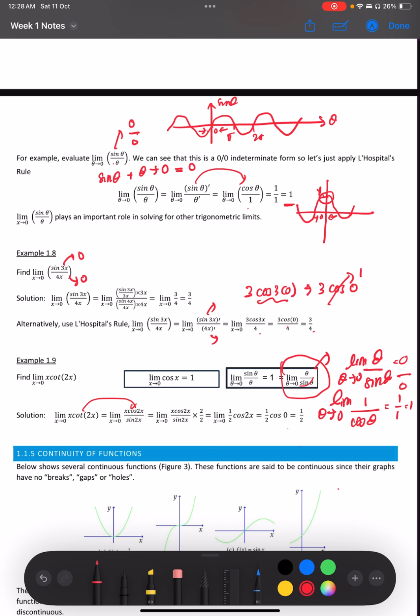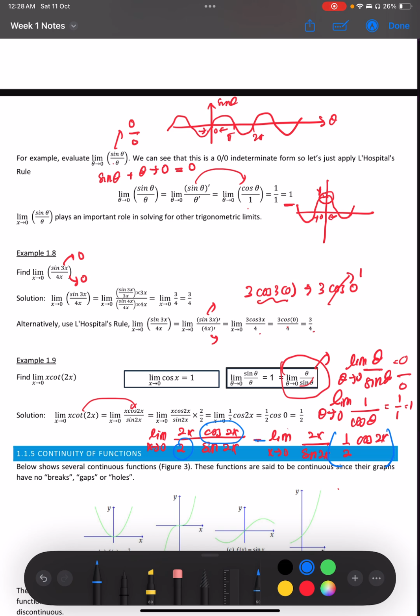So when we multiply here, you will get the limit x approaching 0, 2x cos 2x over 2 sine 2x. I want to make sure that it looks like this. So this part I separate it. It becomes limit x approaching 0, 2x divided by sine 2x, and then 1 over 2 cos 2x. Because you are left with this part, that's why I separate it like this.